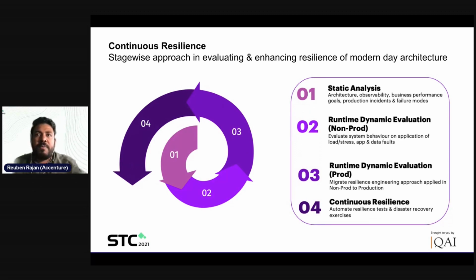Then you create this kind of tree structure for that particular line of business, or a business flow, or a functional flow, and then go to the root, which is the lowest level software component, and start your failure mode analysis.